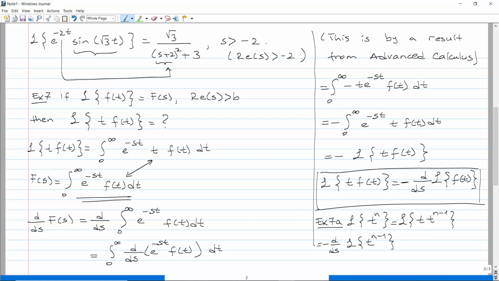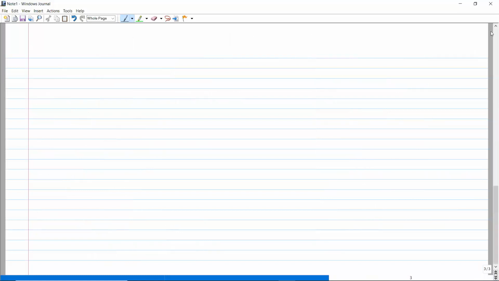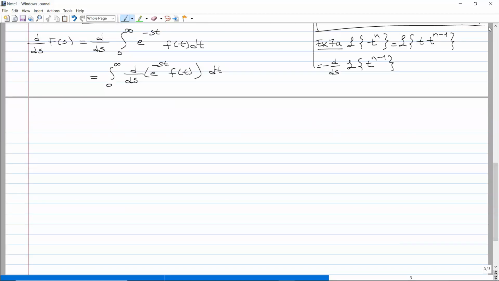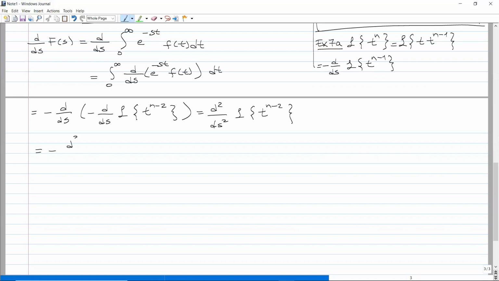And if you keep going like this, this is minus derivative with respect to s of the Laplace transform of t to the n minus 2. So the second derivative with respect to s of the transform of t to the n minus 2. So minus the third derivative with respect to s of t to the n minus 3.